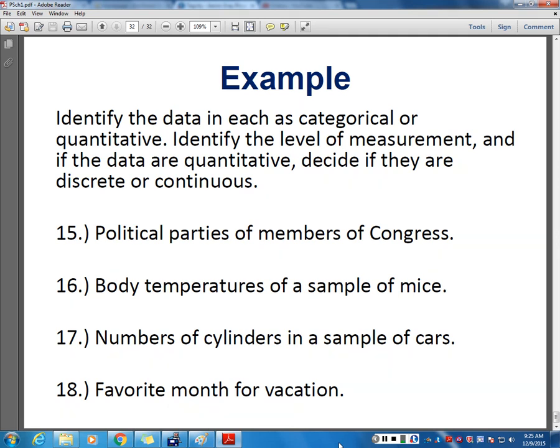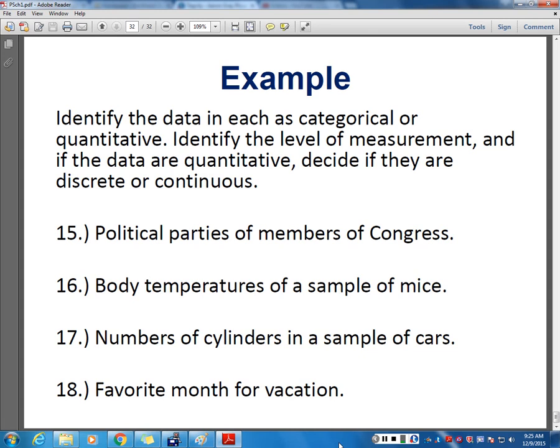Number 17, numbers of cylinders in a sample of cars. You can count or measure them, so they are quantitative. You can count the number of cylinders. Level of measurement, well, if you have 0 as the number of cylinders, that means you have no cylinders in your car. So that would be ratio level of measurement.